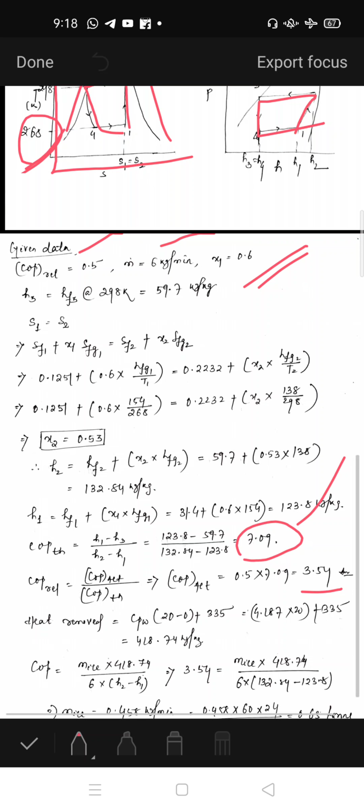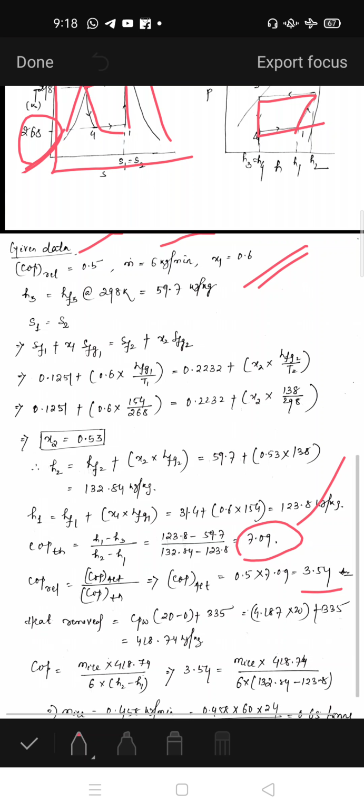So the sensible heat will be CPW into 20 minus 0, plus the latent heat, which is 335. Means first you find the sensible heat, CPW into the temperature difference 20 minus 0, plus latent heat 335, and the final heat removed will be 418.74 kilojoule per kg.